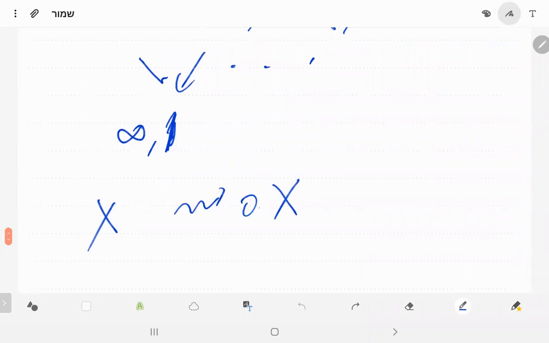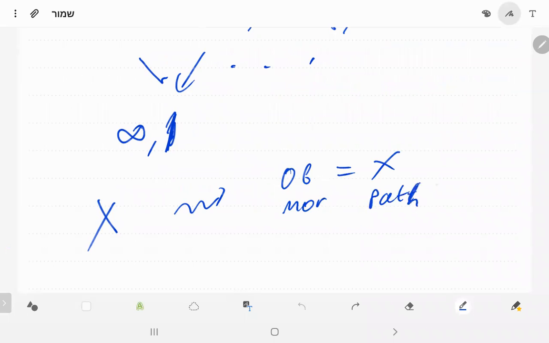So the objects will be points of X, and morphisms will be paths in X, and morphisms between morphisms, like this is one morphism, this is another morphism, will be homotopies in X, etc.